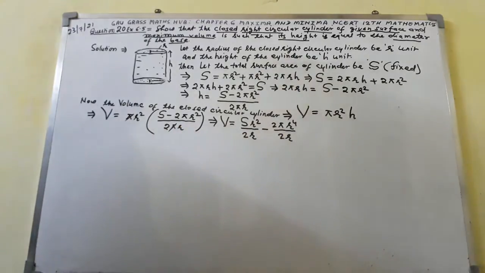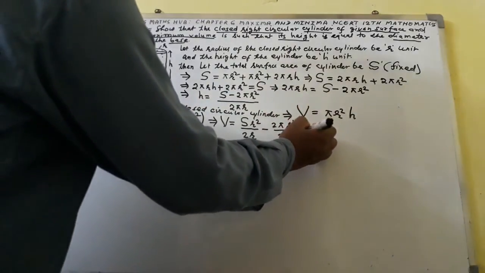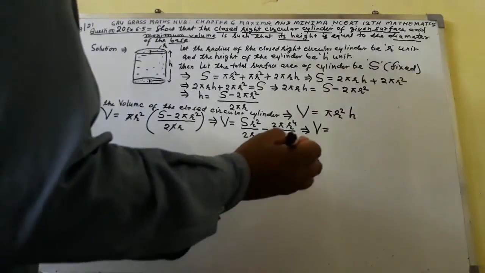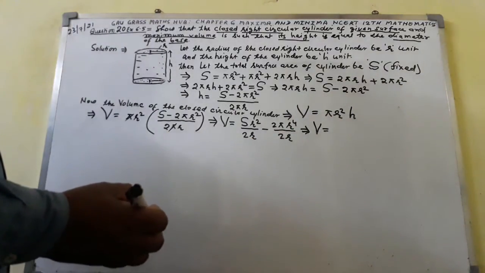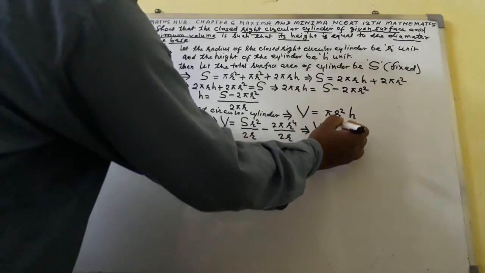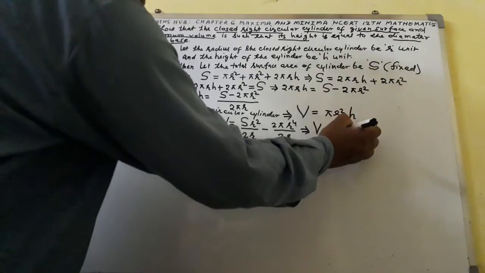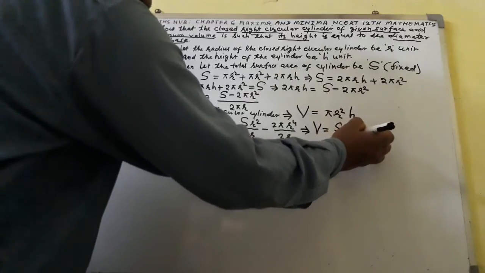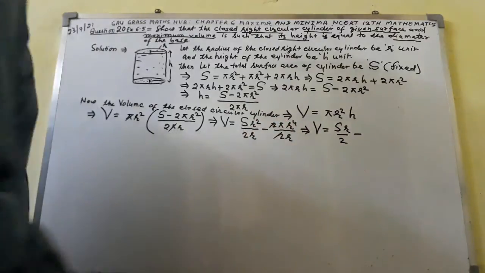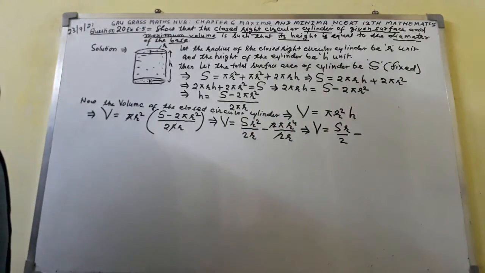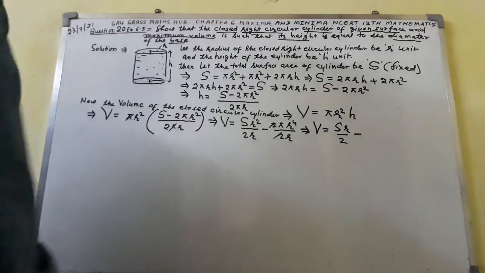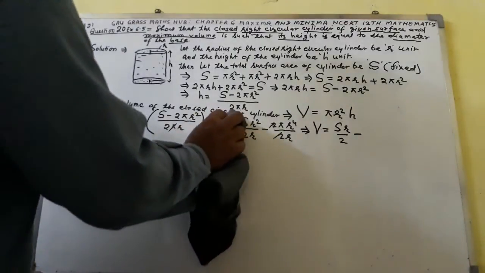So here you will get, implied that V equal to SR by 2 minus, here this 2 will be cancelled out. Now calculation wrong I have done here.